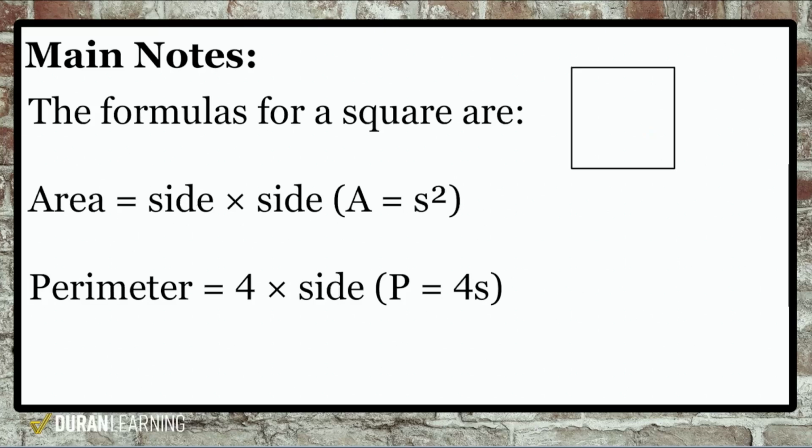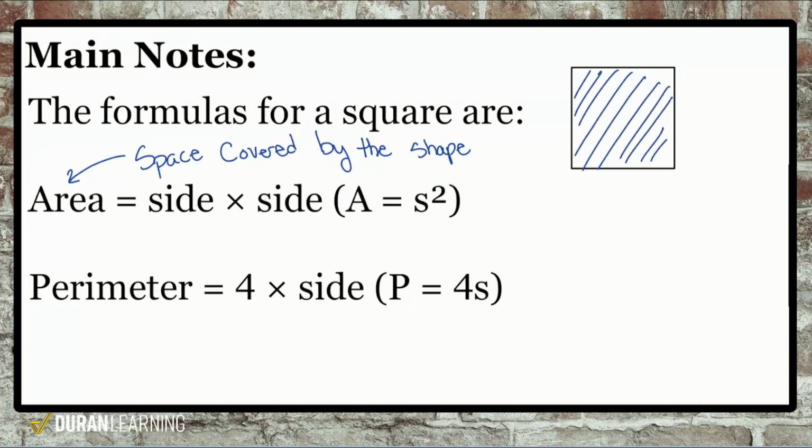We want to call this space, how much space a shape covers. That's what we mean when we're talking about area. And we're talking in 2 dimensions here, because if we're talking volume, then we're talking about 3D space. But for the sake of today's conversation, area is the space covered within a shape.